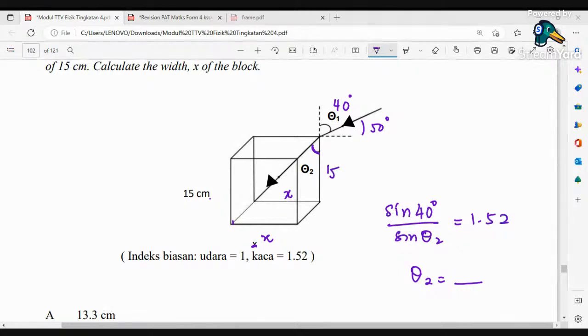Try to calculate. Soalan ni soalan hot. Sebab you calculate first, you tak dapat jawapan lagi. You kena continue. Anyone can give the value of theta 2?